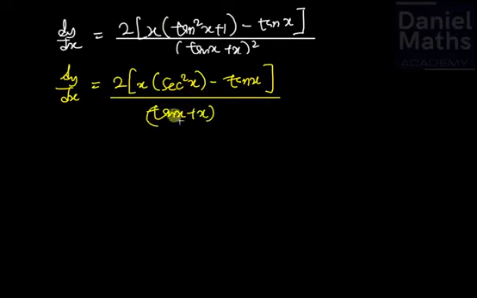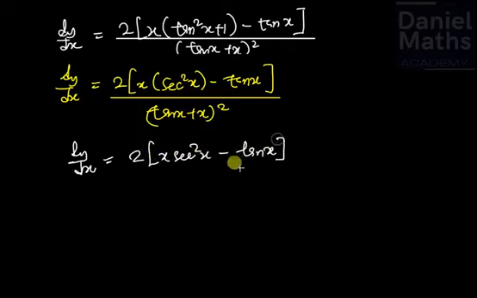So what I basically have, therefore finally, is dy over dx is equal to 2 into x sec square x minus tan x, all of this divided by tan x plus x all raised to power 2. So this happens to be the answer to this particular question that we have here.